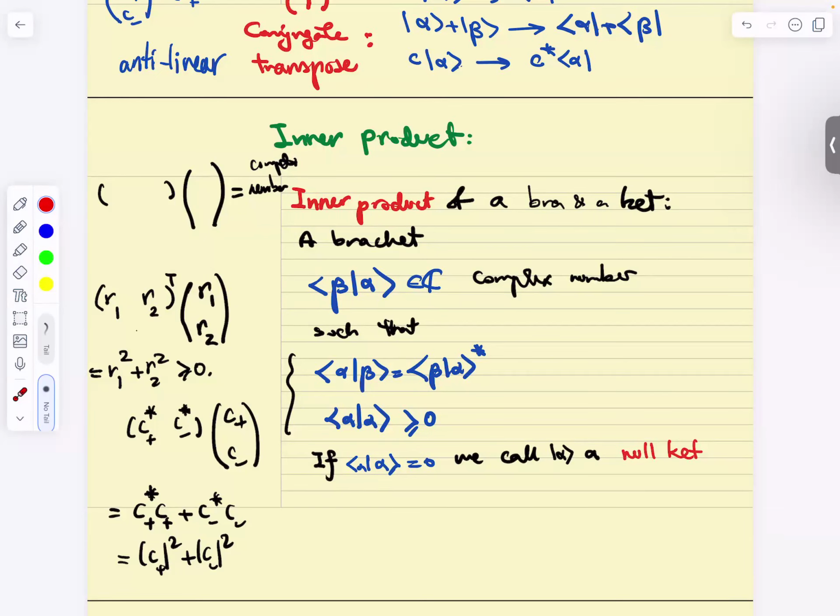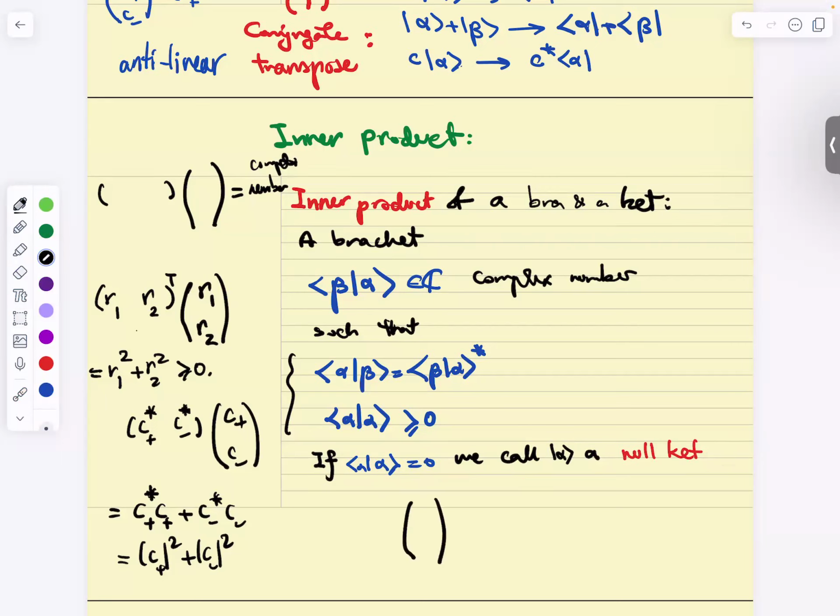Now, just to introduce jargon, for these complex vectors, this length is called the norm of a vector. Good. So think of this as the length squared of this complex vector, and we want the length squared to come out positive. Therefore, this condition. Now, based on what I told you, if we have a bracket of a vector which is 0, we call this a null ket. Does anyone know what a null ket is like? Like a two-dimensional null ket.